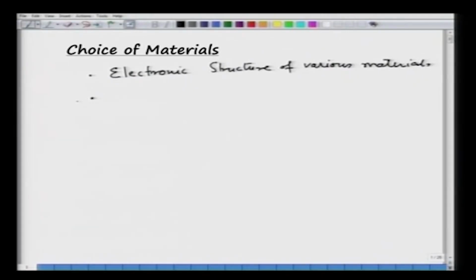We will further have a discussion on how to change the band gap. And one technique in this is to change the composition of 3-5 materials.